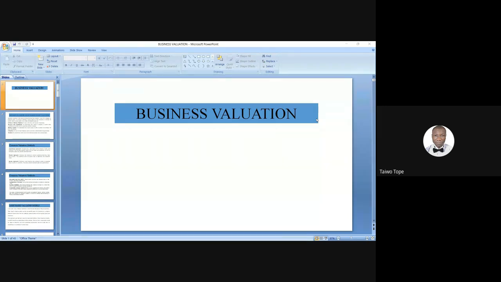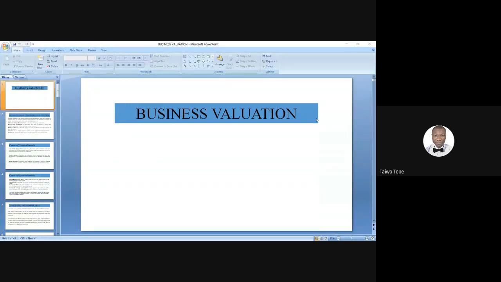So a business valuation might include an analysis of a company's management, its capital structure, its future earnings potential, or the market value of its assets. You know, there are various ways you can value the assets of a business.